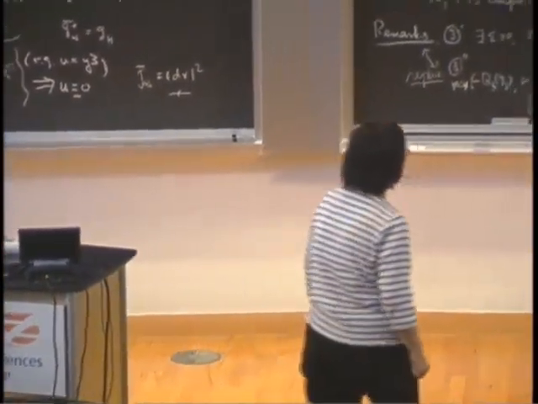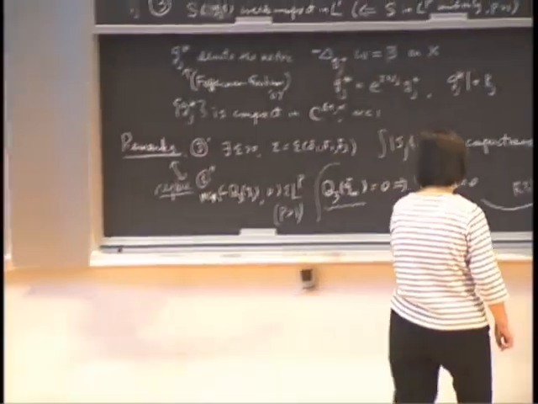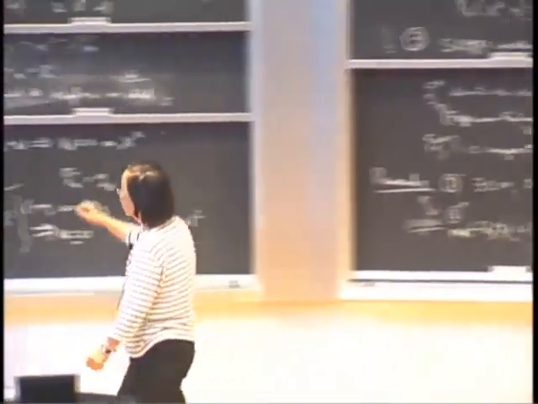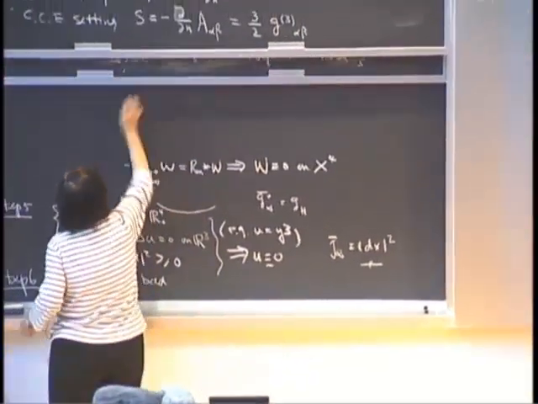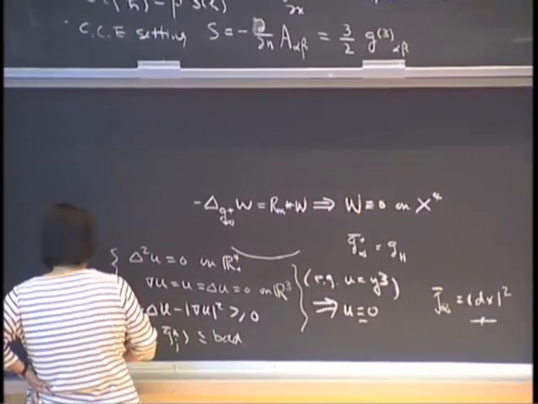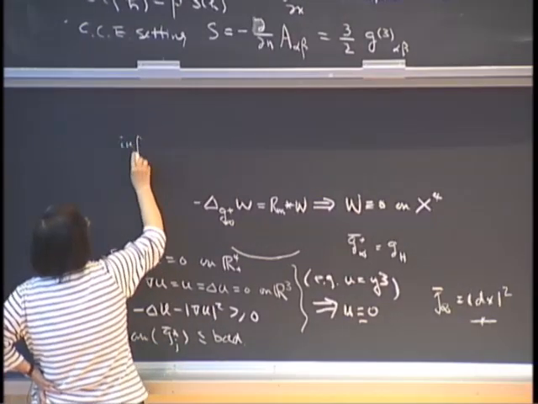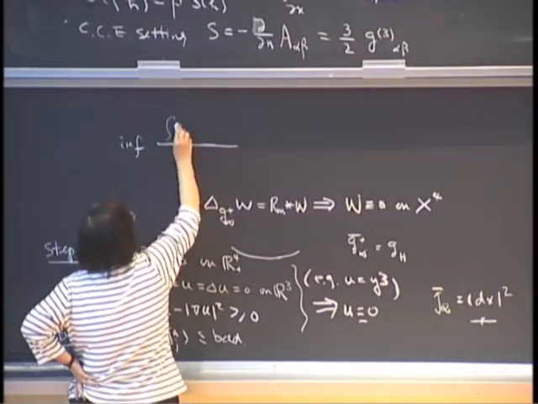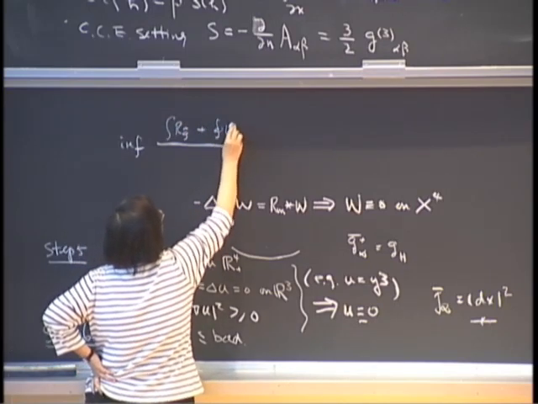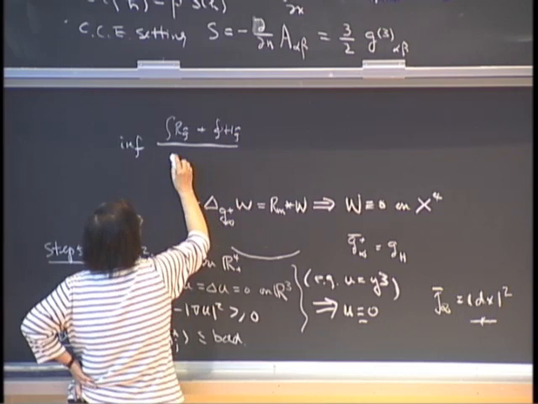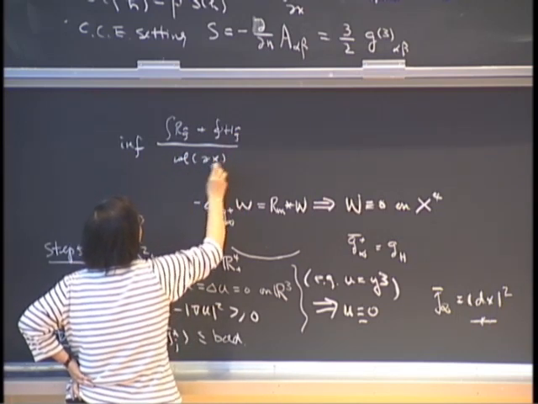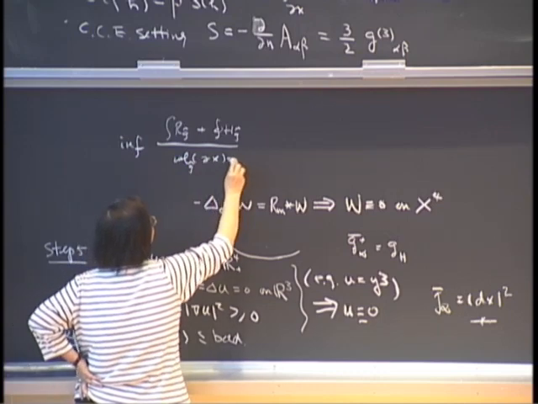Oh, YB is, let me, I do not have time to say it well. It's a Sobolev trace inequality. The original definition is the inf of all the scalar curvature of G hat plus mean curvature H of G hat, where the volume of the metric on the boundary of G hat restricted to the boundary is 1.